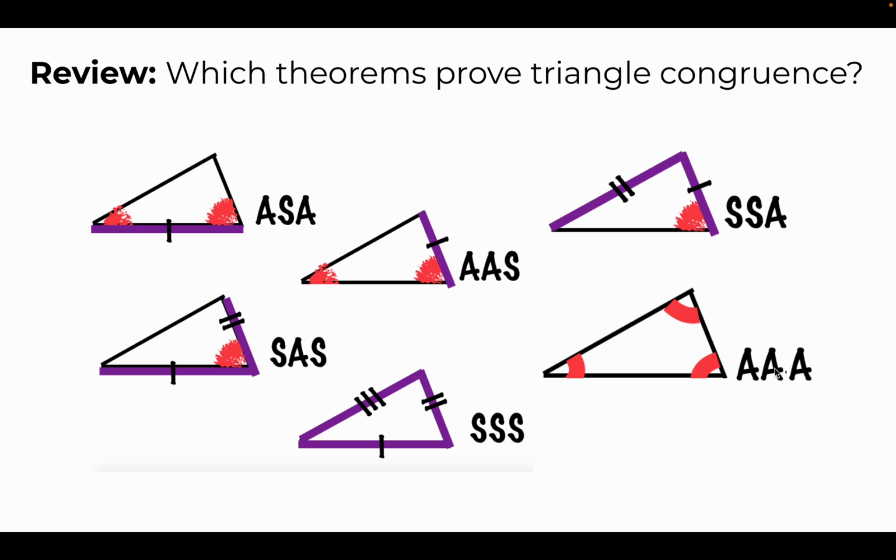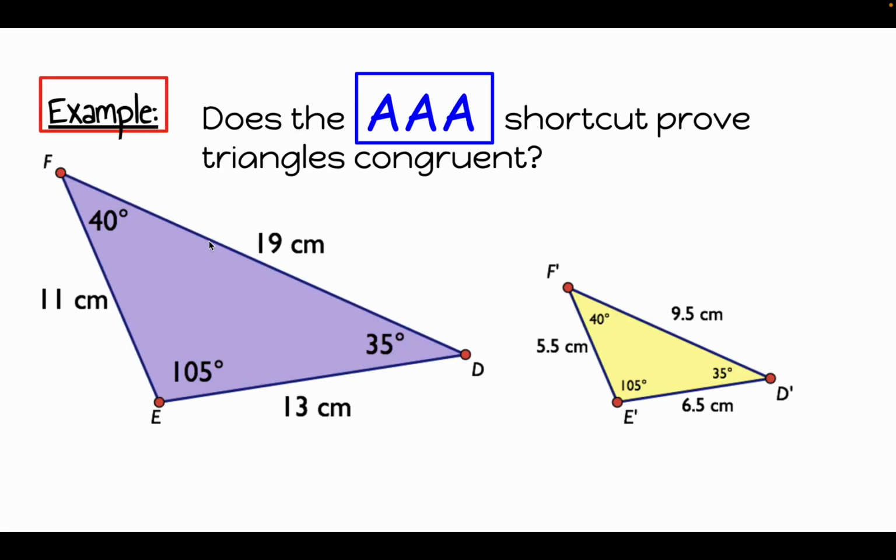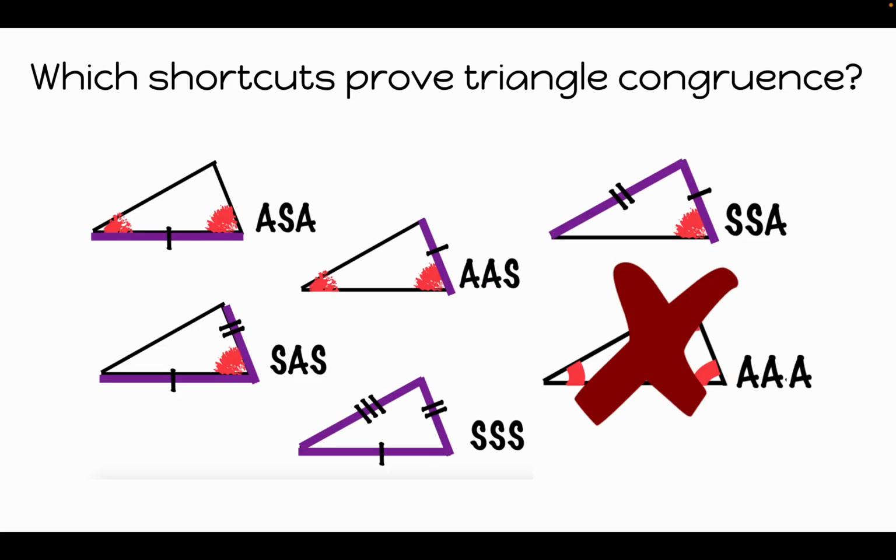If 2 triangles have all 3 congruent angles, check it out. 40 degrees, 40 degrees, 105, 105 degrees, 35, 35 degrees. Does this prove that these 2 triangles are congruent? That they're the same size, same shape? No, they are not the same size, same shape. So AAA is out. Outie.